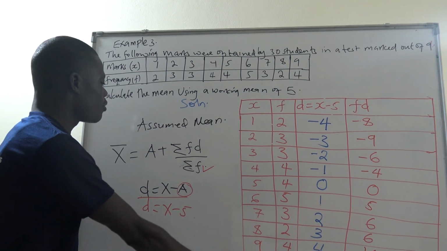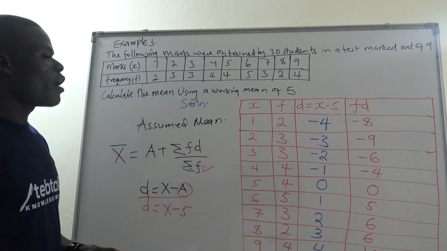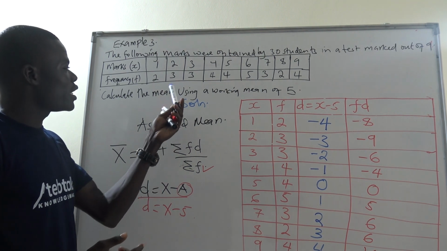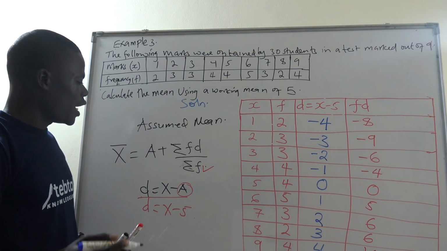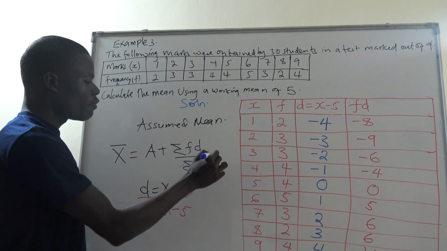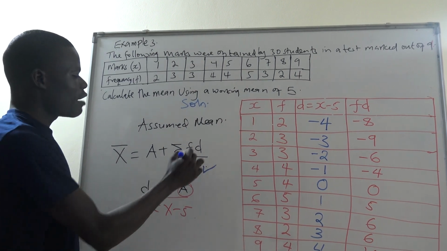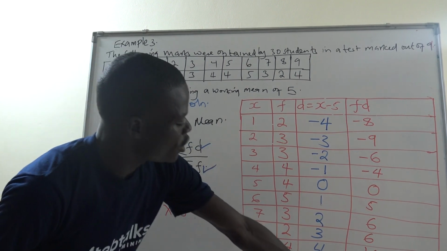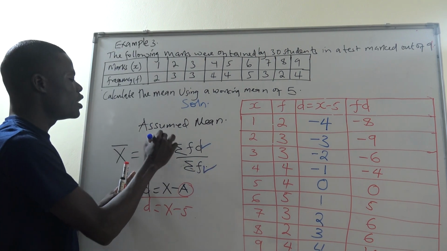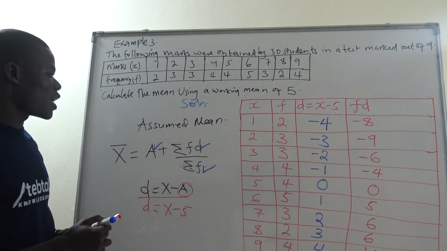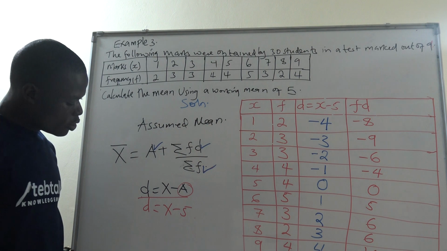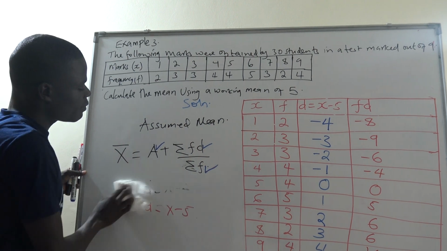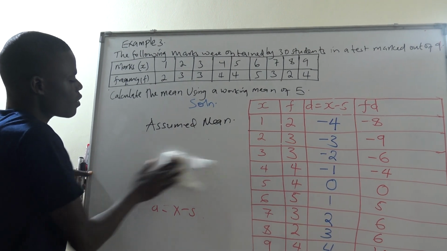So after finishing that one, now you are good to go. Before you even calculate, you are sure you have everything that you need to calculate the mean using the working mean. We have the summation of F, we have summation of FD, and we have the assumed mean, or the working mean, which is given. Then we just substitute in the formula to get the answer.